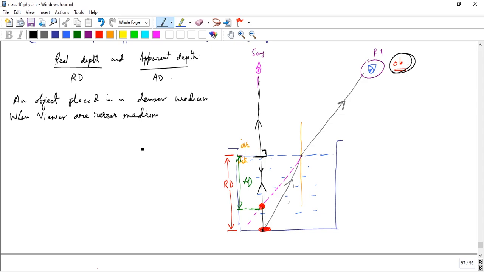The depth of the object appears lesser than the real depth, and this is because of the refraction of light.